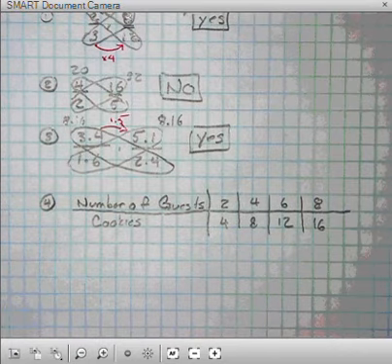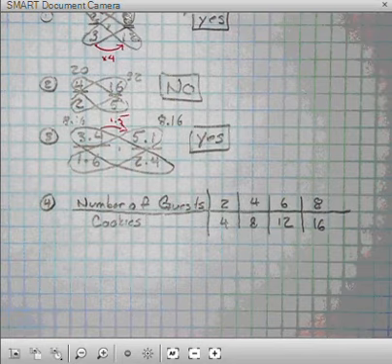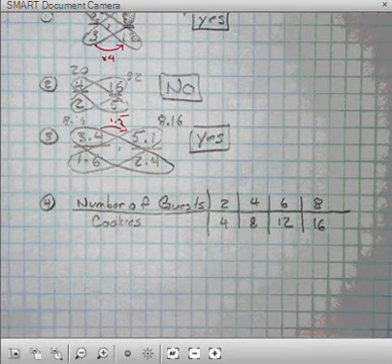Are those set of numbers proportional? Are they proportional? Yes. Why?